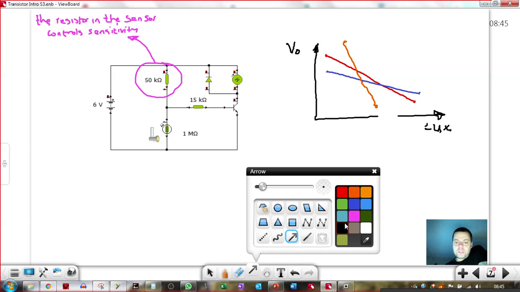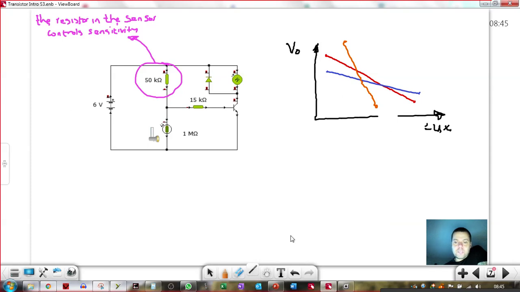Let's see if I can use this wee pen here to explain this to you. So for a change in light level, from there, try to get this parallel to there, so there's the change in light level there. The orange trace gives you that much.